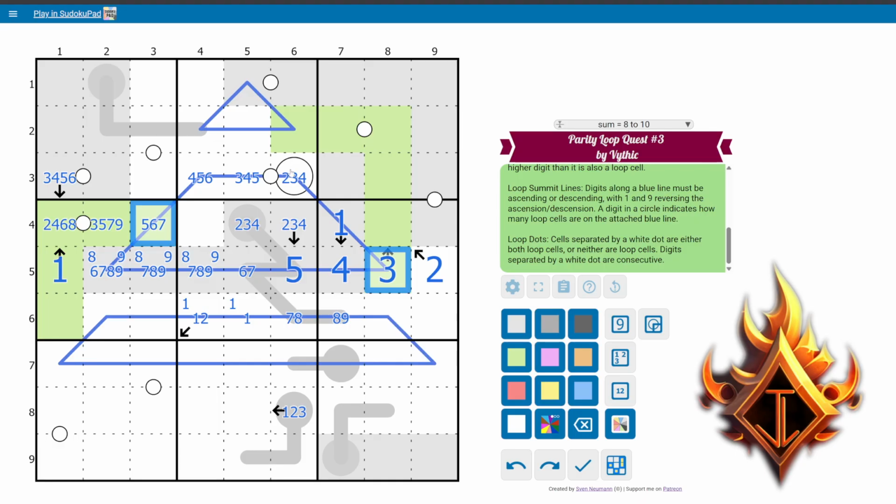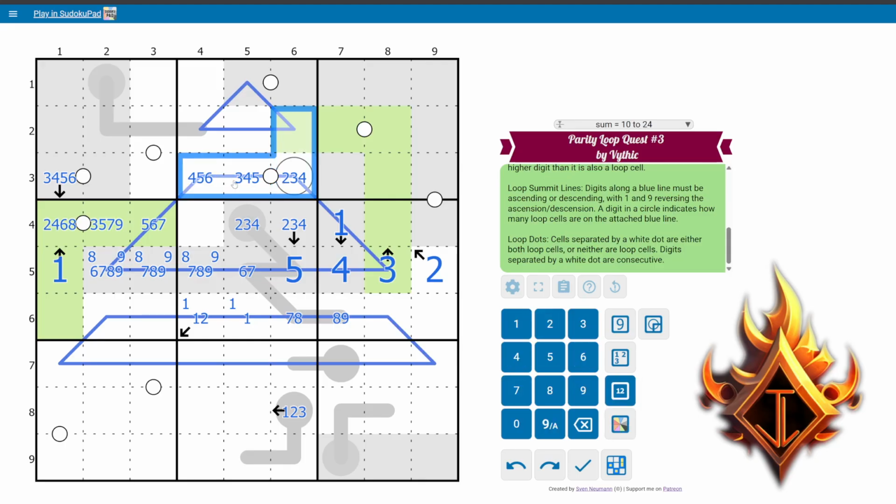So this is either. Oh, so it cannot come down. If it comes down, it has to get them all. And that would have to be 5, and it can't be. 1, 2, 3, 4, 5. So it does not go down, so it does not get either.